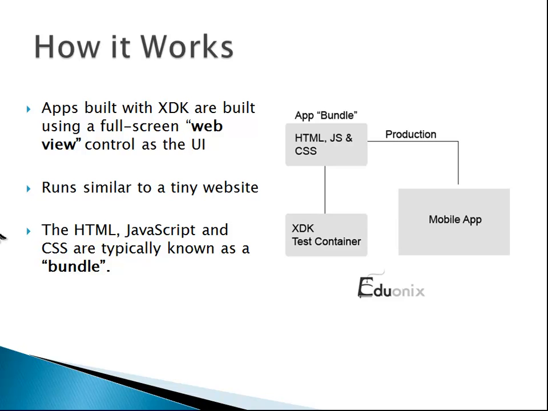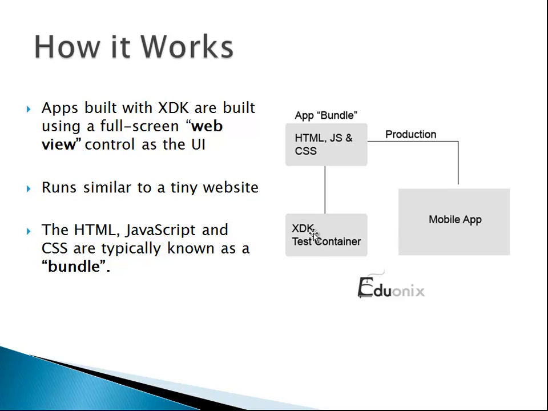So how does it work? Apps built with XDK use a full screen web view control as the user interface. So there's no browser buttons or anything like that. It's full screen, just like a native app. It runs similar to a tiny website. The HTML, JavaScript, and CSS are typically known as a bundle when all put together.